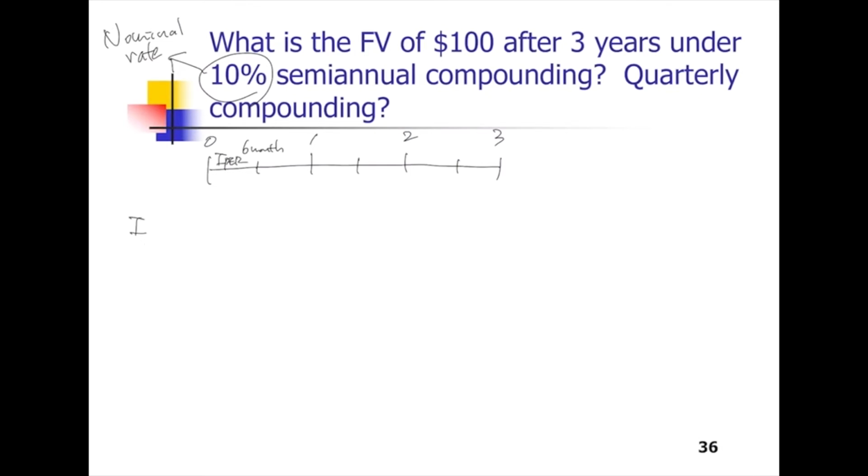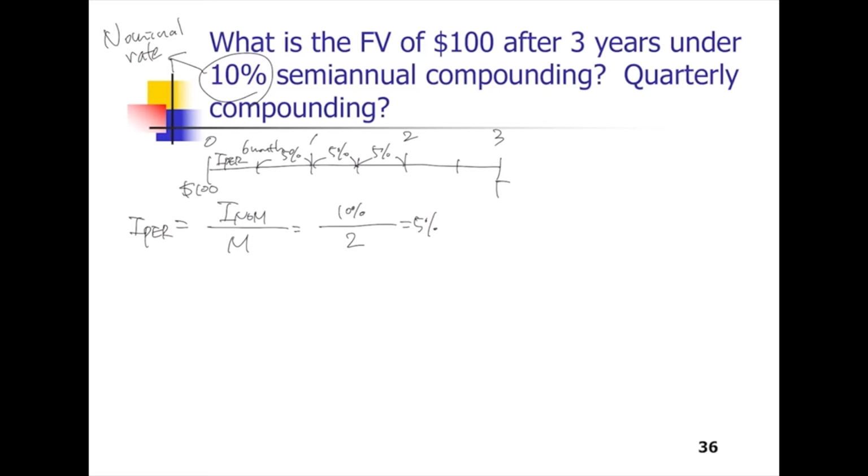And the period rate can be calculated by the nominal rate over the compounding interval. So in this case, the nominal rate is 10% and the compounding interval is semi-annual, so 2. So the period rate is 5%. So we compound 5%, 5%, 5%, right?